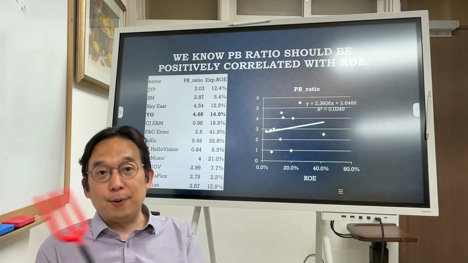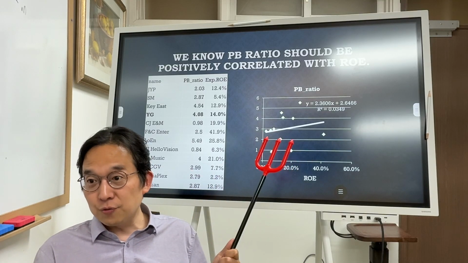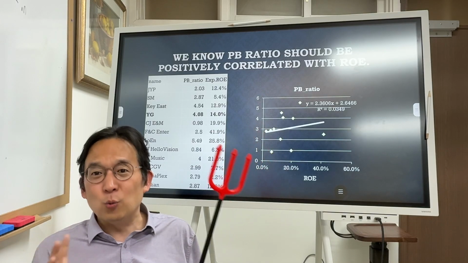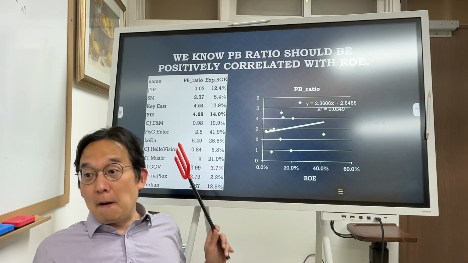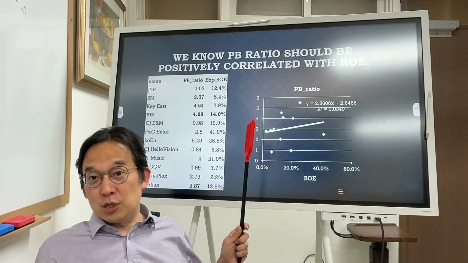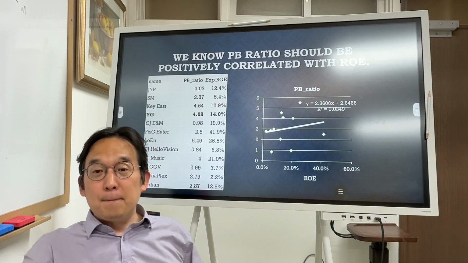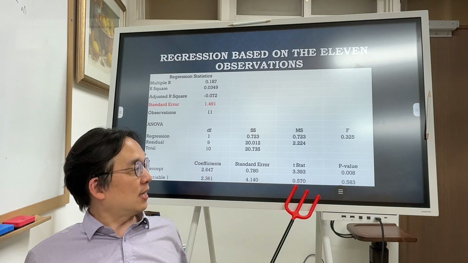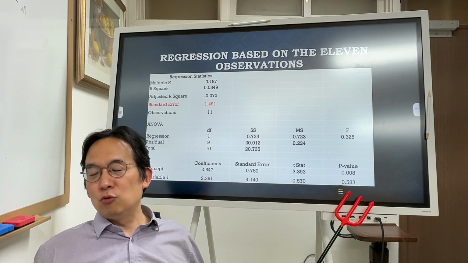But with that limitation, I just threw it into a regression framework, and I weakly confirmed a positive association between the ROE and the PB ratio. You see a positive slope. But the result was not strong enough because the t-statistic was too low and the p-value was too big.